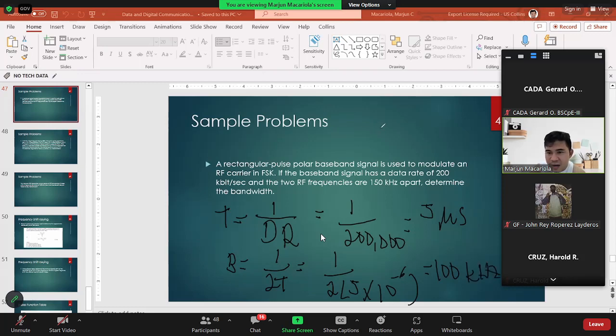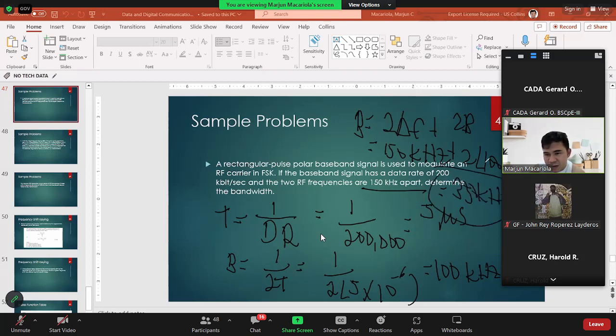Okay? So ang formula natin, bandwidth is equal to 2 delta F plus 2B. Okay? So ang 2 delta F natin is given by 150 kilohertz plus 2 times 100 kilohertz. So ang sagot po ay 350 kilohertz. Okay? So kapag yan ay rectangular pulse baseband signal.